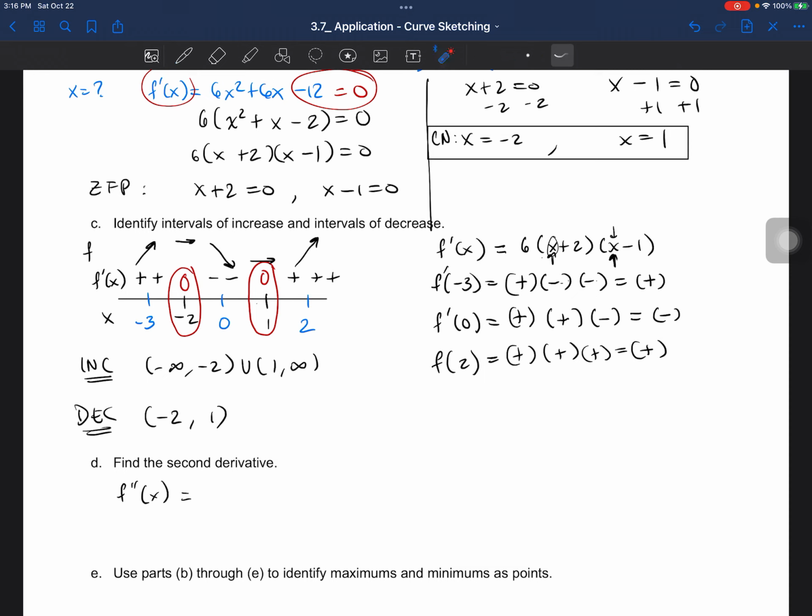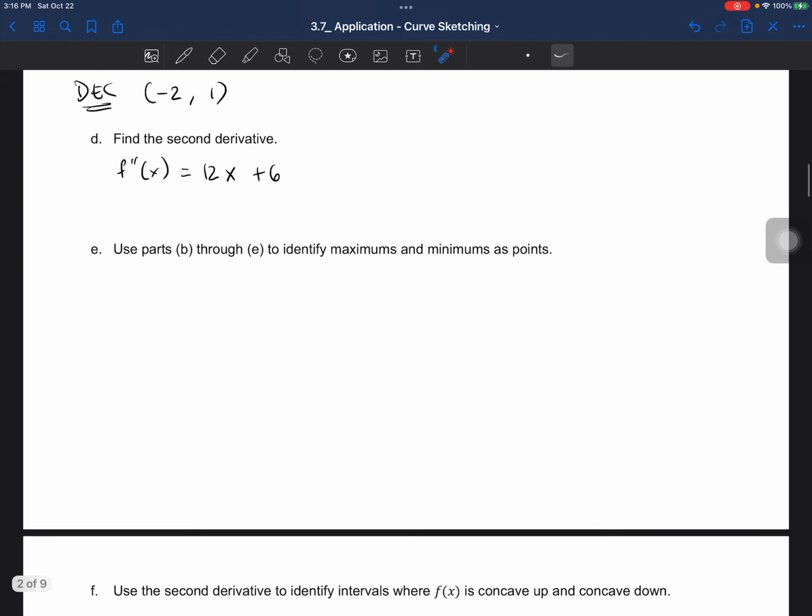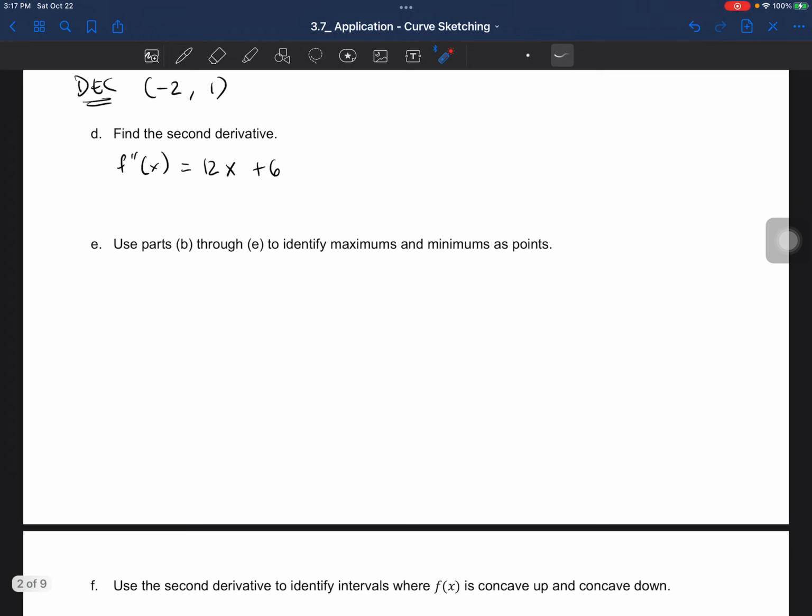So the derivative of the derivative will be the second derivative, which will be 6x squared, looking over here, so bring down the 2. That'll be 2 times 6 is 12x, and then plus 6. We drop the x, and then the minus 12 goes away, because the derivative of a constant is 0. So there you go. We found the second derivative.